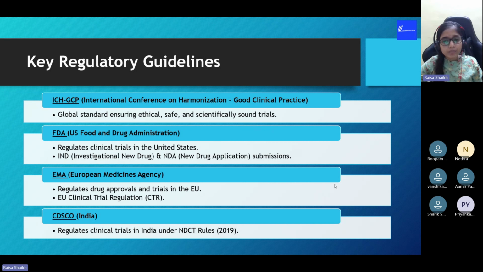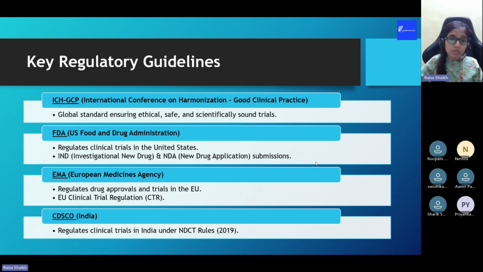Then NDA, new drug application, is submitted after the clinical trials are completed. Basically, this is a report in which we seek regulatory approval to market and sell the drug. It includes full clinical trial data, safety and efficacy analysis, manufacturing details, and proposed labeling. After a trial is conducted, while submitting the clinical study report, we also have to provide a label, the prescribing information.